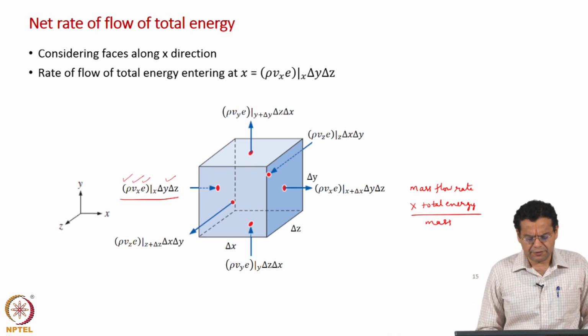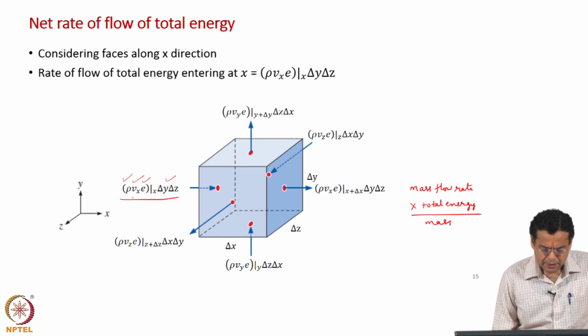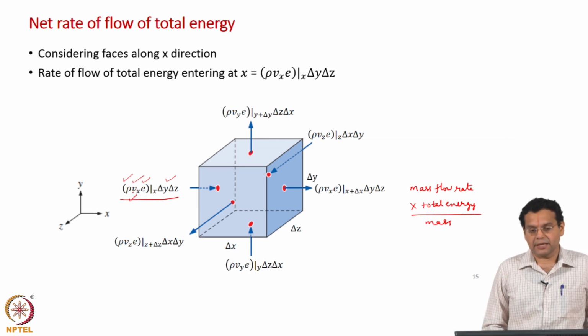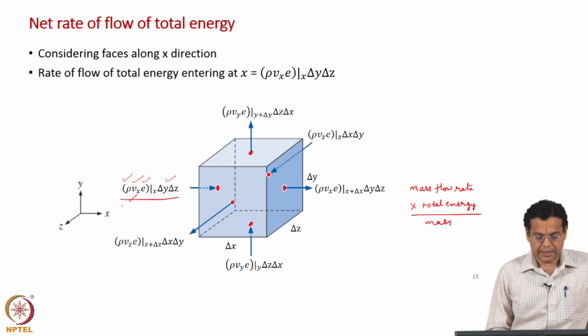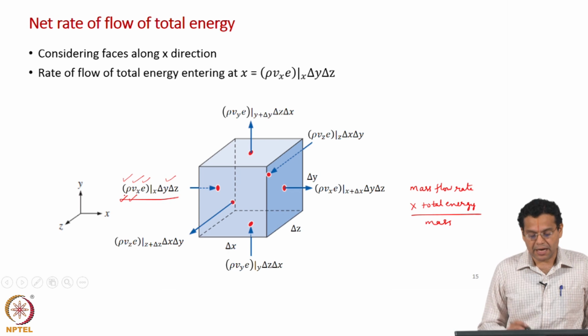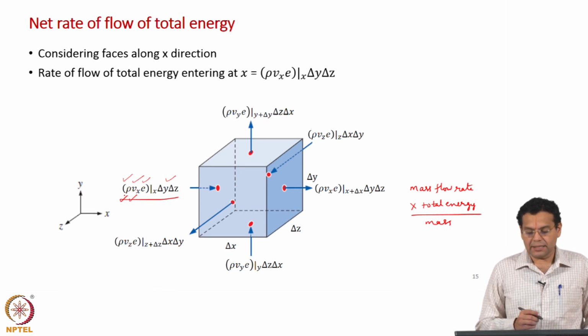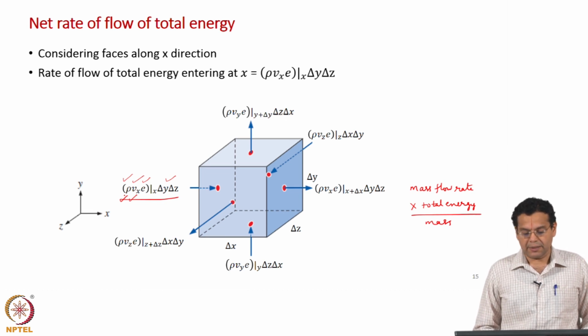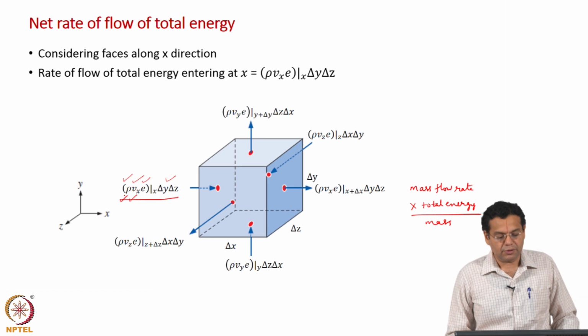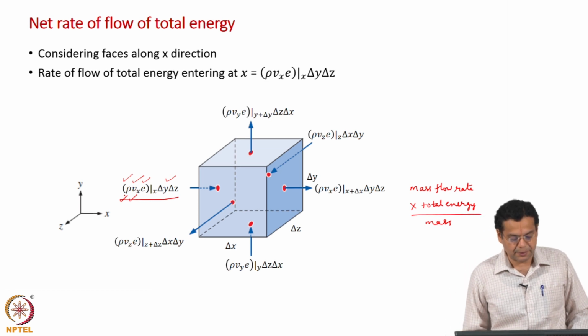What is the other way of interpreting? Vx is the volumetric flux, and then if you multiply by rho, you get the mass flux, multiply by area, we once again get mass flow rate, multiply by the total energy per unit mass, we get the rate of flow of total energy. So, 2 ways of interpreting.